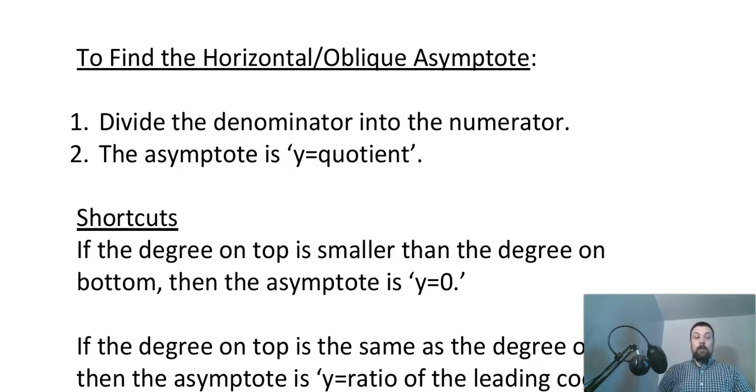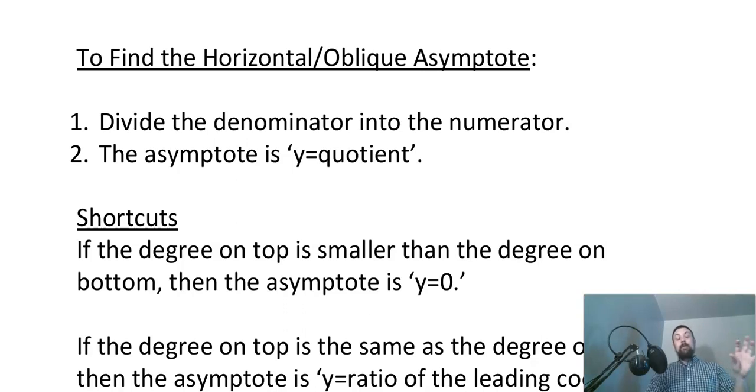Now the shortcut here is if the degree, remember the degree is the highest power, of the numerator is smaller than the degree of the denominator. So if the highest power of x on top is smaller than the highest power of x in the denominator, then the asymptote will automatically be y equals 0.